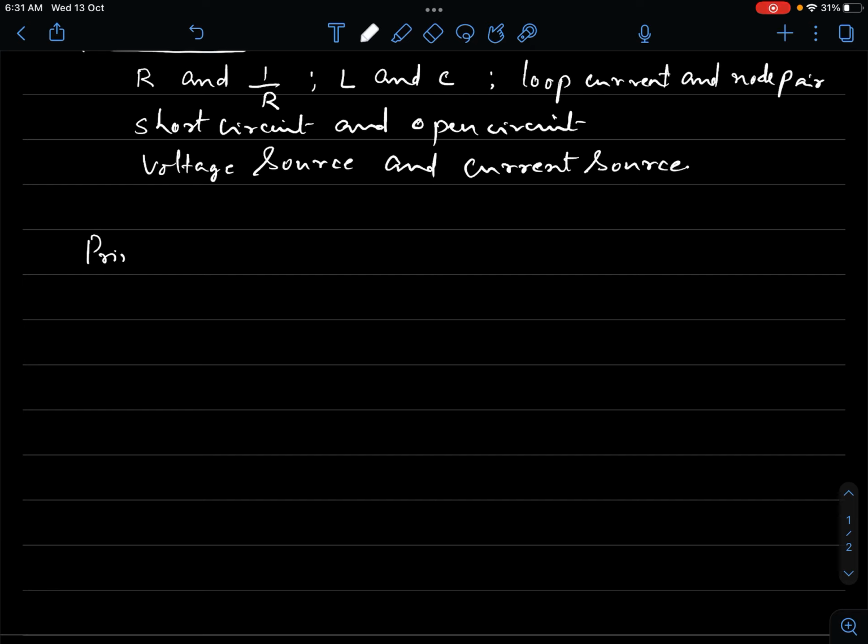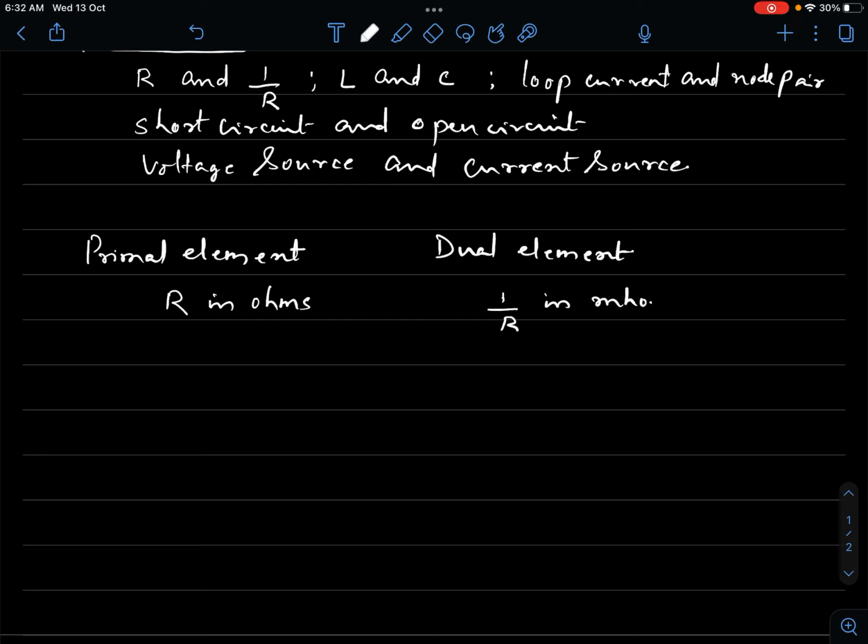Maybe I'll write a primal element and its dual element. We will simply make a table. If the primal element is resistance, I will write it in symbols, not elaborately. If the element is resistance represented by R, the dual element is 1 by R or G. If R is in ohms, 1 by R is in Siemens or mhos.